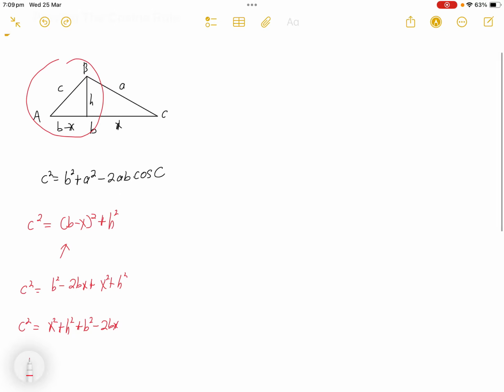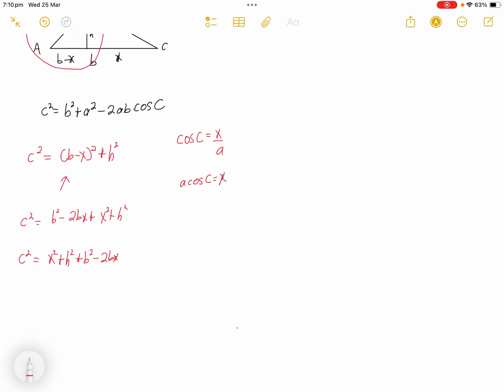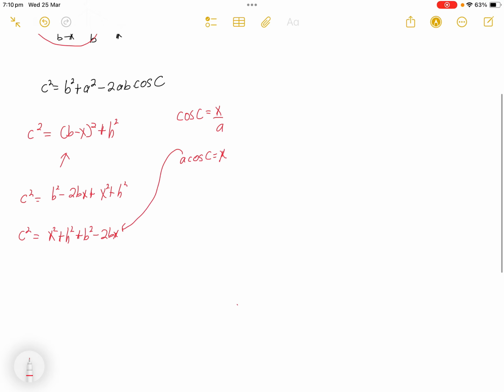Because we want to find the cosine relative to whichever side length we are working on, we're going to find the cosine of angle C. So that's going to be x over a. That's cosine of C equals x over a, so a cos C equals x. And now we can sub this in right here.